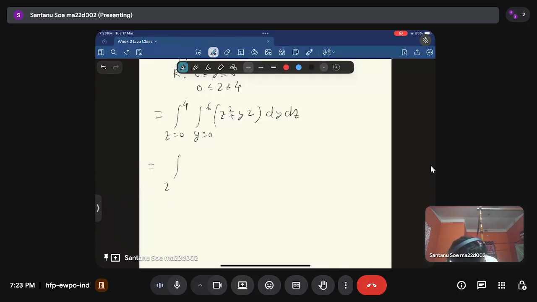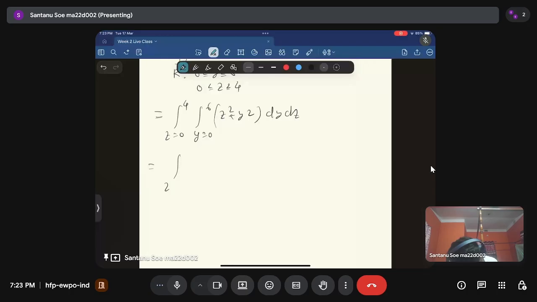This is same as z equals 0 to 4 of 6 z square plus 36 into 2, so this is 72, dz.